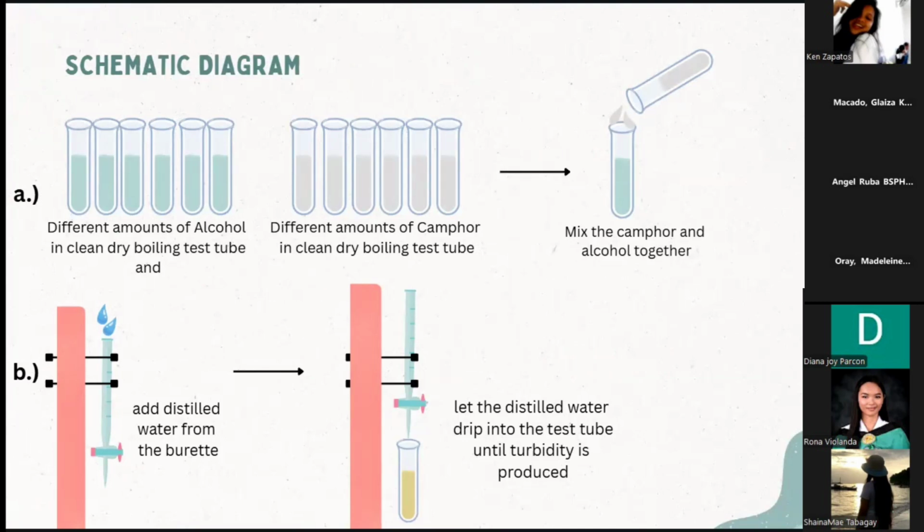We prepared 6 different amounts of alcohol in clean, dry boiling test tubes and 6 different amounts of camphor in clean, dry boiling test tubes. Then we mix the camphor and alcohol together. For Procedure B, we add distilled water from the burette, letting it drip into the test tube until turbidity is produced.